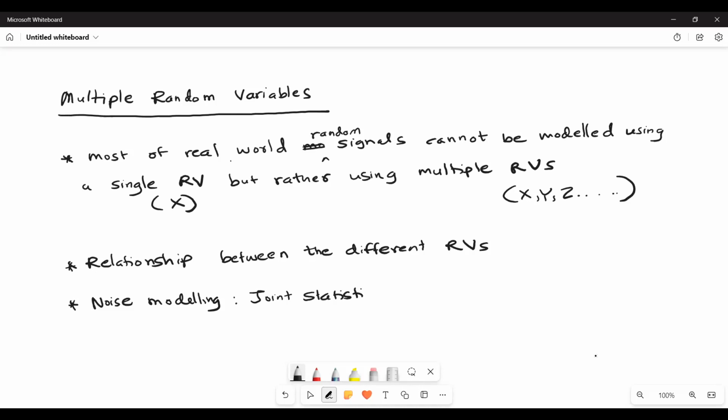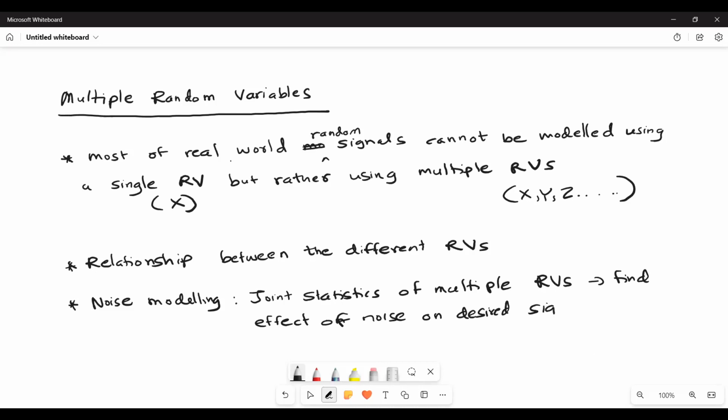Joint statistics can be used to find the effect of noise on a certain desired signal, and then we can try to understand how to decrease the effect of noise, and how to decode the information from this noisy signal.